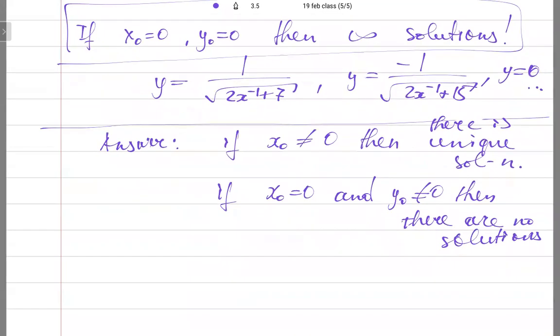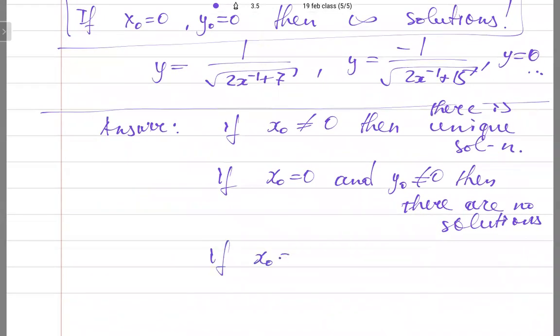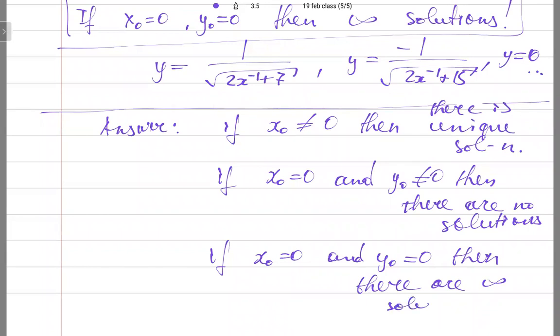And finally, if x0 is 0 and y0 is 0, then there are infinitely many solutions. Okay, thank you.